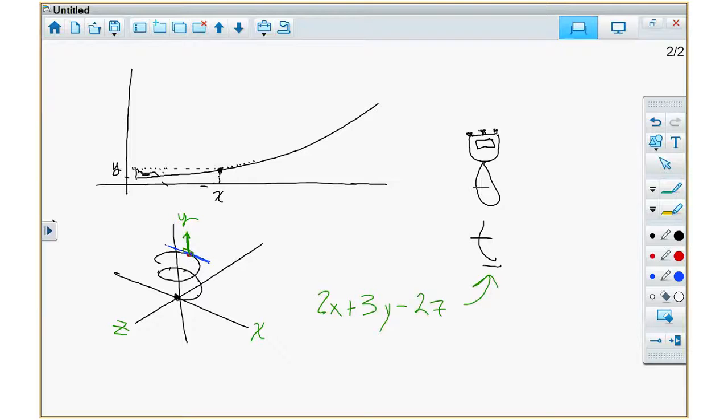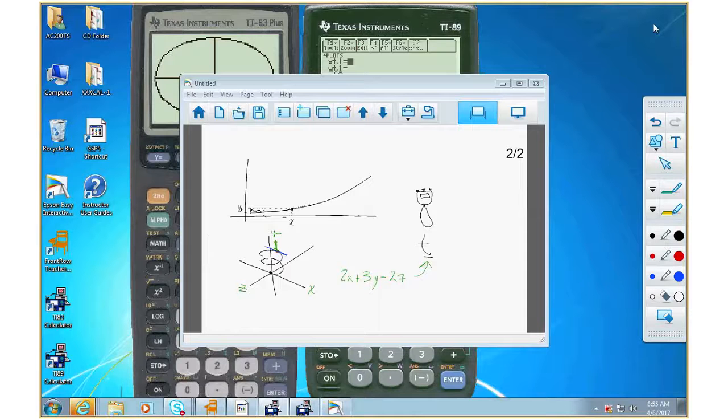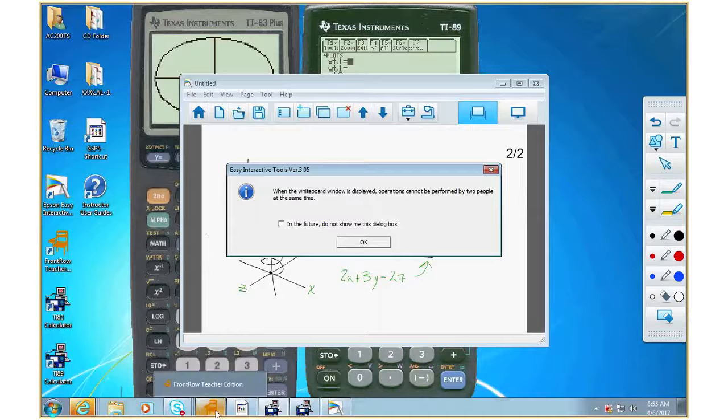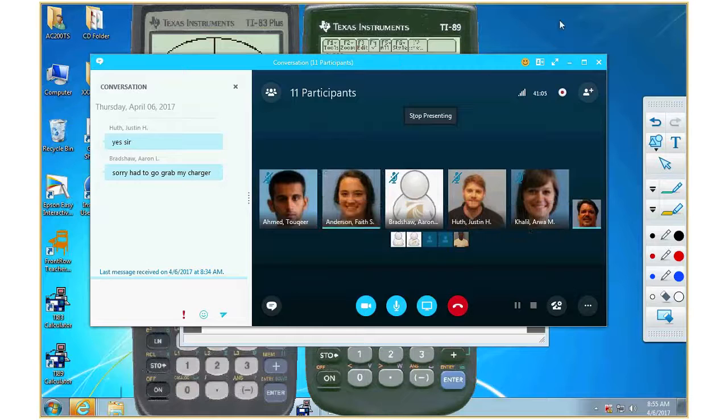Mr. Huth or Annabelle, do you remember if I did parametrics in Calc 1? We did the airplane one, but we didn't do it where it was going out in the z direction. But you remember us talking about it? Yeah, maybe. Okay. How about any other Skype people out there that didn't have me for Calc 1? Did y'all talk about parametrics?